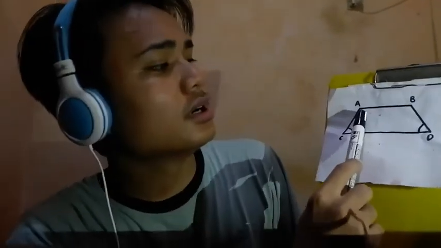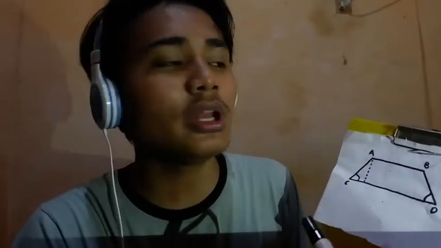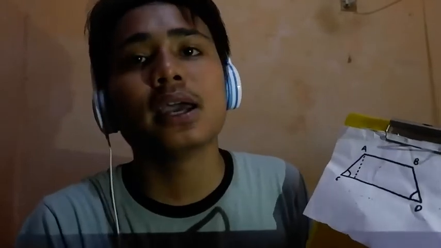Next, theorem 4.4.6. What is theorem 4.4.6? If the diagonals of a trapezoid are congruent, the trapezoid is an isosceles trapezoid.